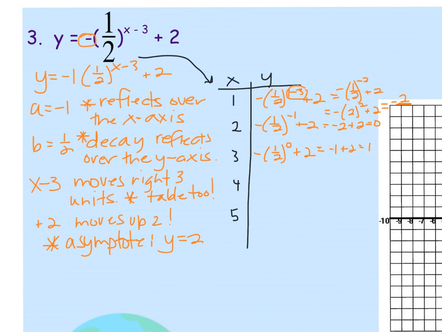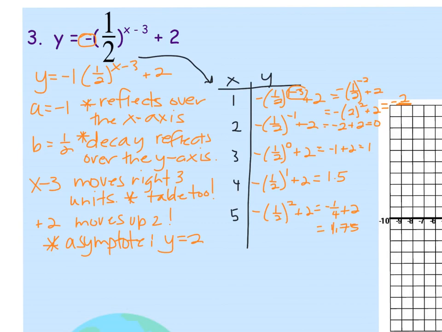All right, let's keep going. 4. If we do 1/2 to the 4 minus 1 power, that's just 1/2 plus 2. Negative 1/2 plus 2 is just 1.5. And then if we do negative 1/2, 5 minus 3 is 2, so we're going to square 1/2. That becomes negative 1/4 plus 2, and that would give us 1.75 or 1 3/4. So let's plot these points and see what happens.